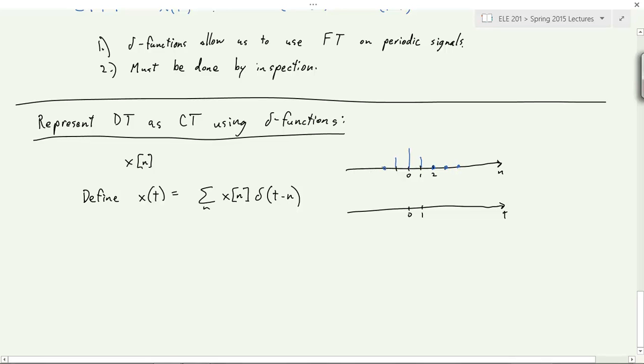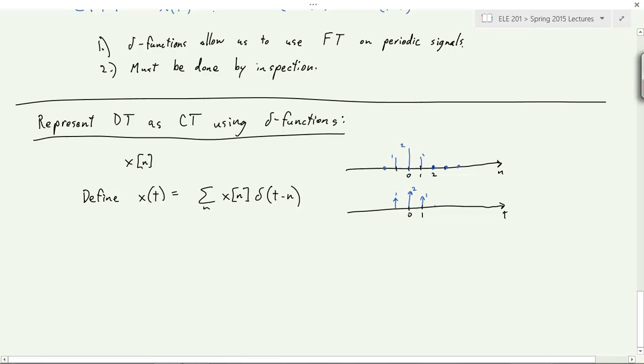Okay, it's just a short-lived little signal, has values, let's say 1 and 2. All right, now, what we can do, this expression here means that x of t is defined to be delta functions at these integers with height equal to the signal value. So here's our continuous time signal that we've defined.